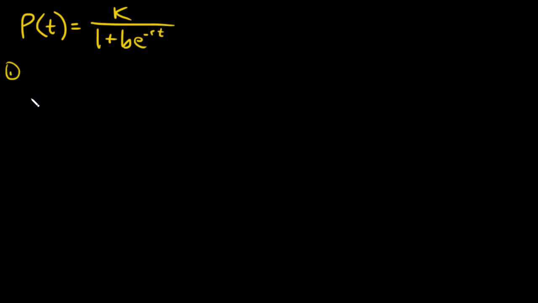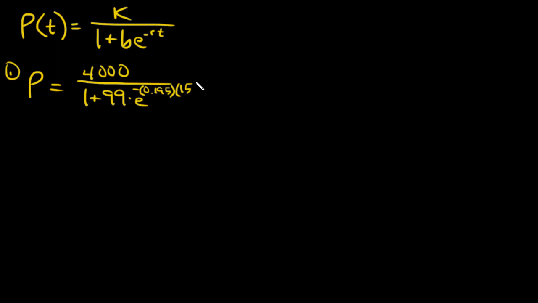So P, don't know what it is, equal to, and we're looking for at 15 years, so 4,000 over 1 plus 99 times e to the negative 0.195 times the time at that point, which is 15. Okay, that's my R and my T.